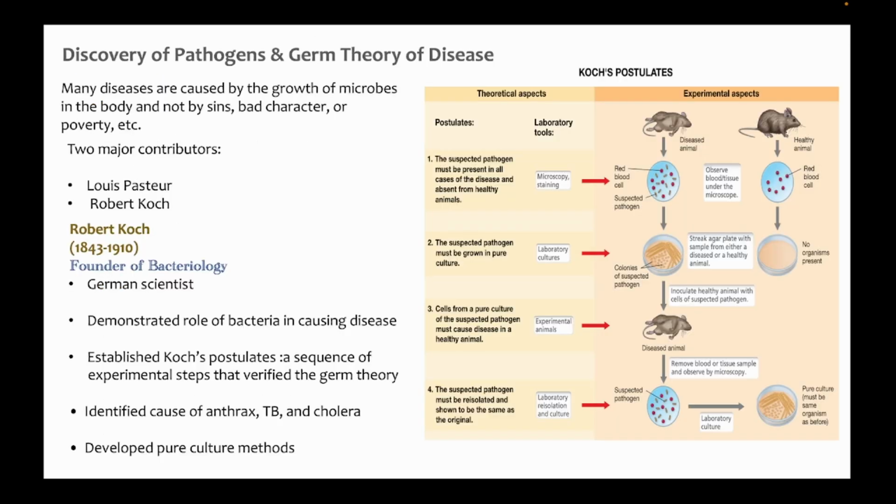Discovery of pathogens and germ theory of disease. Once you know there's no spontaneous generation, you know there's bacteria. Okay? So the main pioneers are Louis Pasteur and Robert Koch. Robert Koch is German, Louis Pasteur is French.